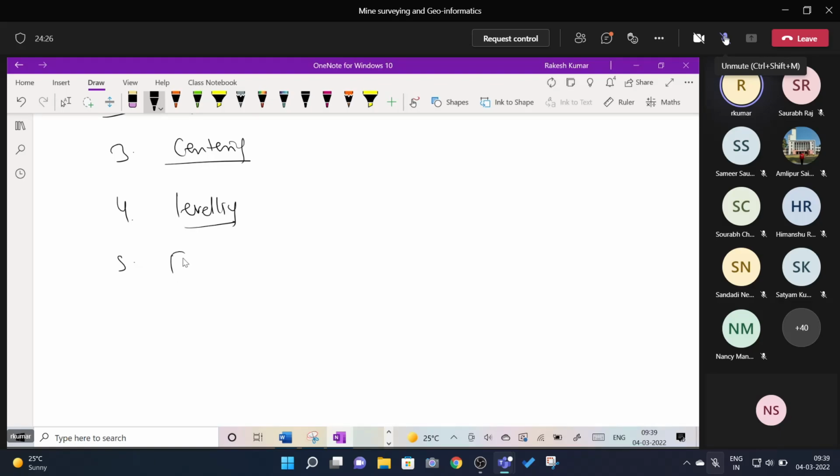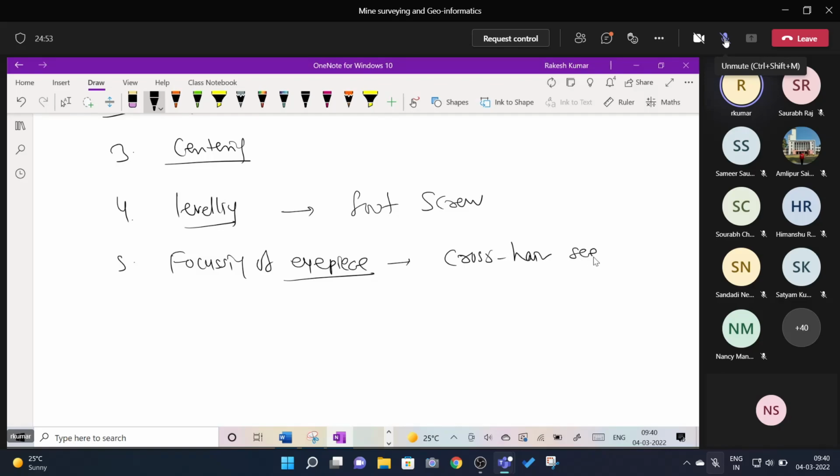Number five, focusing of the eyepiece. Here the eyepiece is focused so that the crosshair can be seen clearly.